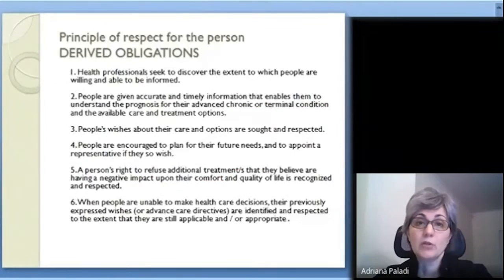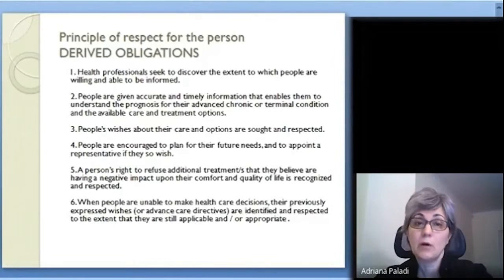Some obligations derive from these principles. These requirements are as follows. Health professionals should seek to discover the extent to which people are willing and able to be informed and to participate in healthcare decision making.